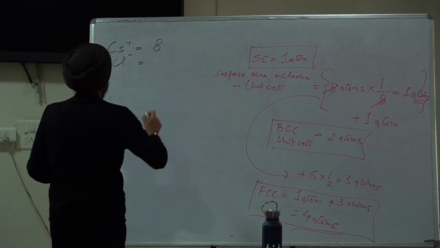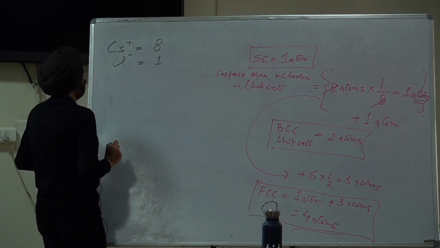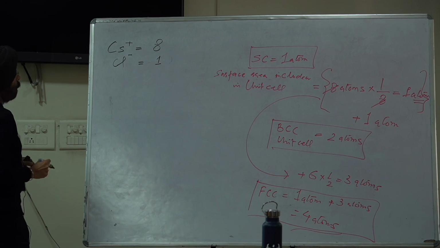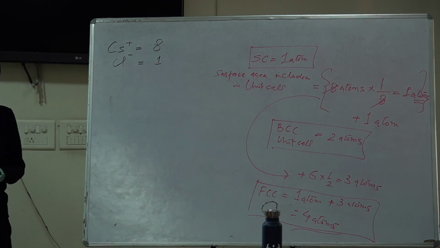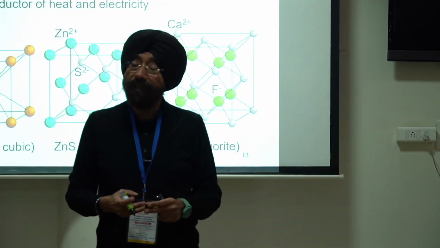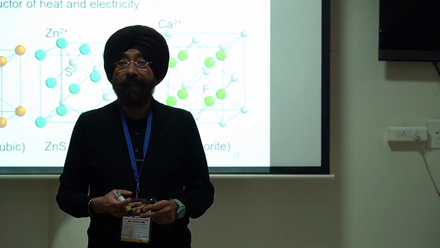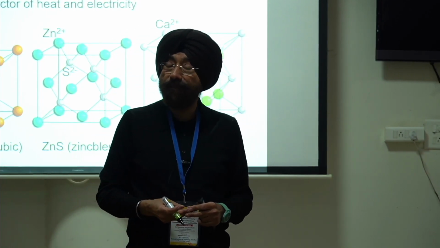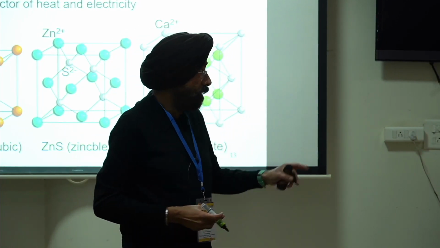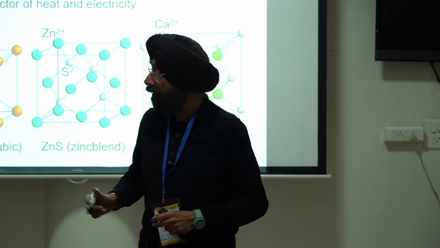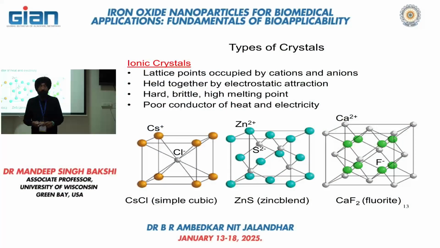Now, if you look at simply 8 to 1, you cannot figure out the formula. That's the confusion. If somebody says cesium chloride unit cell is made by 8 cesium cations and 1 chloride, we cannot settle with the cesium chloride formula that is shown over here.